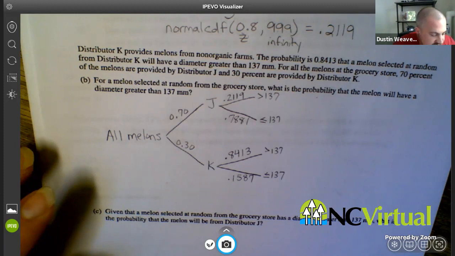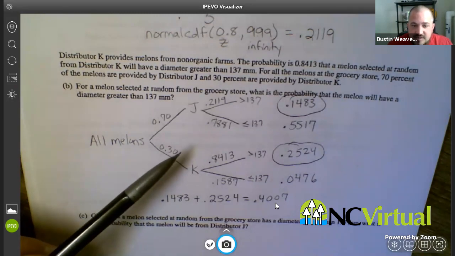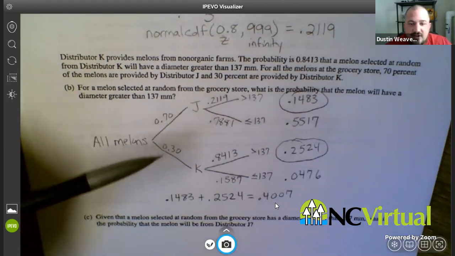These are greater than 137 that come from K, and these are greater than 137 that come from J. So if we add those up, 0.1483 plus 0.2524, then we get that there is about a 40% chance, 0.4007, of the melon being over 137 millimeters.